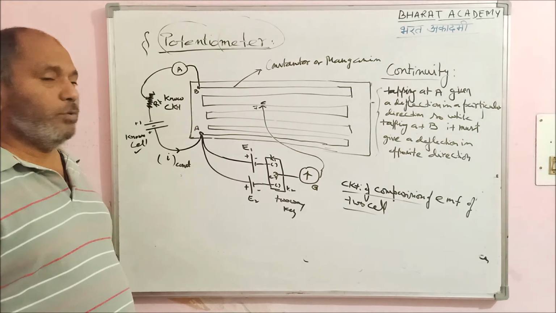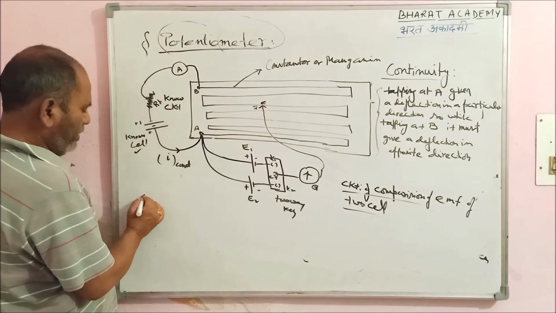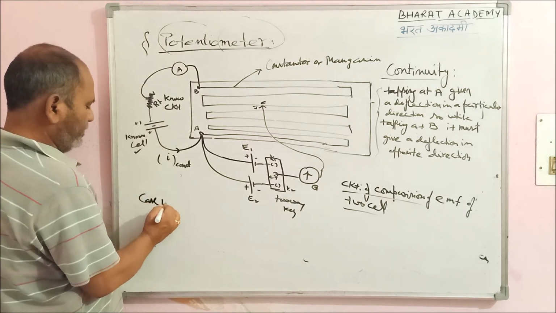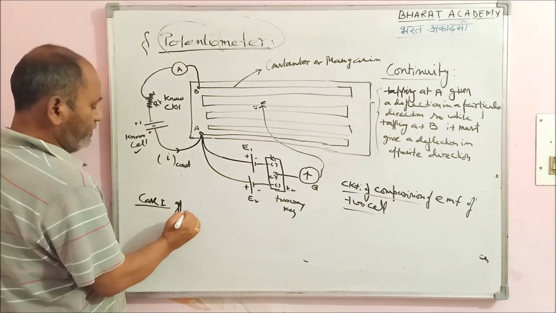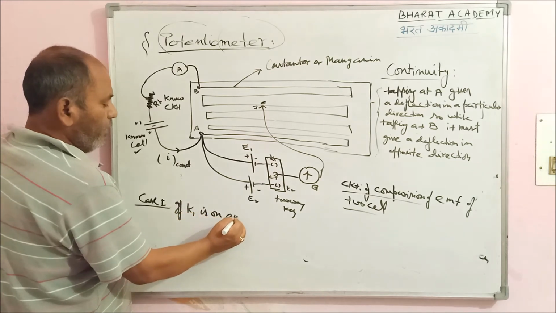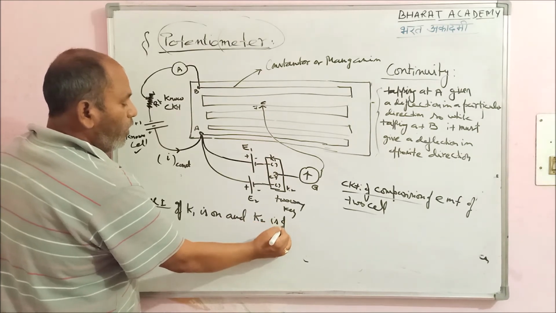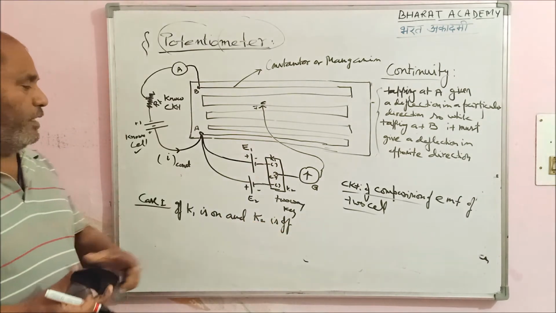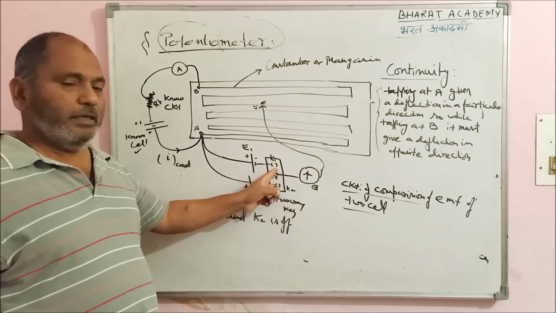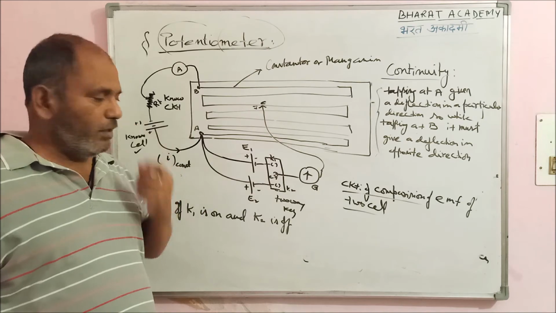Right? Now how to compare? A very simple concept. Case 1. If K1 is on and K2 is off, what does it mean? I simply take out the K2 knob and apply K1 here. So what will happen?